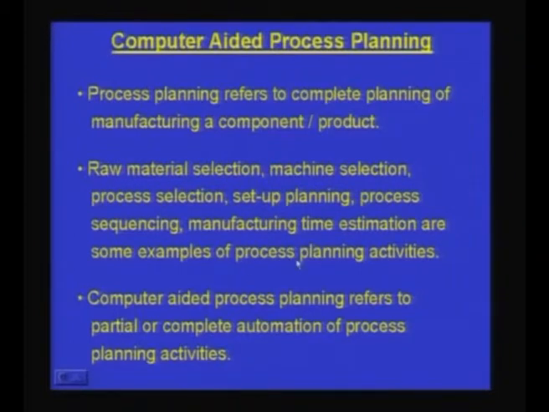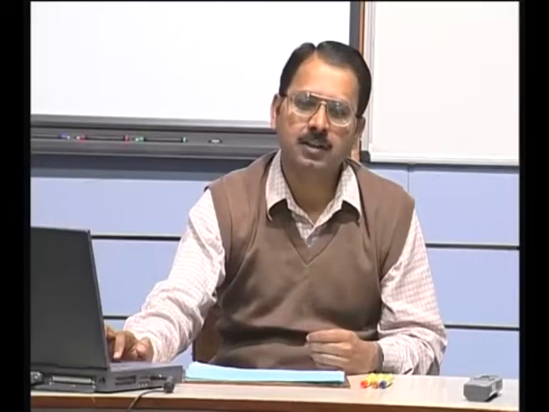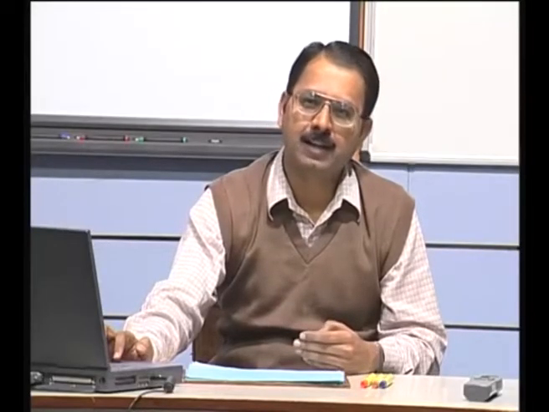So, all these things are typical examples of process planning activity, and computers can be used in these situations. There are two ways of looking at computer aided process planning. One way is using a computer for individual activities like this, or it may be an integrated manner where I have complete computer aided process planning automation, where I give a design and I have a process plan as output.